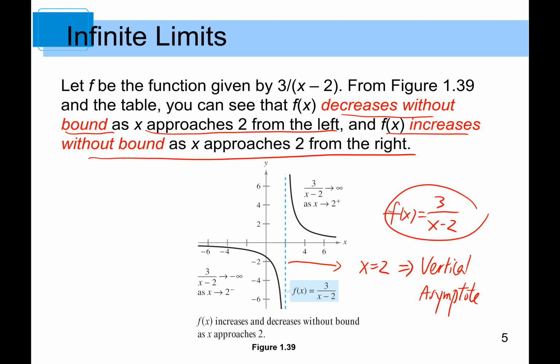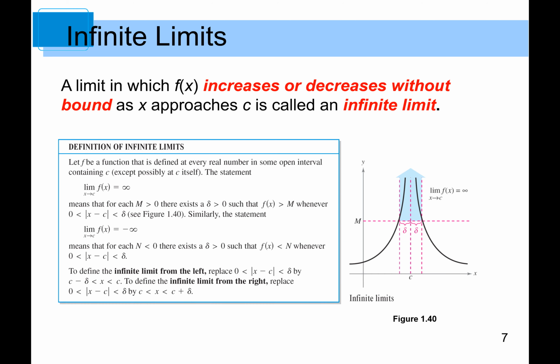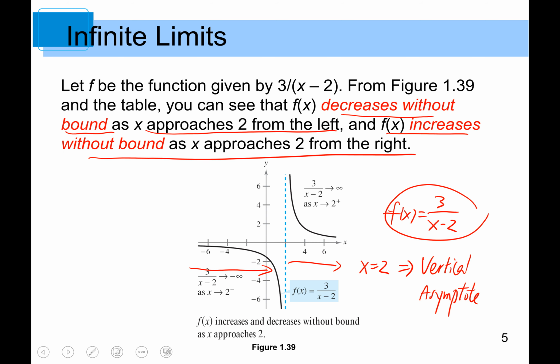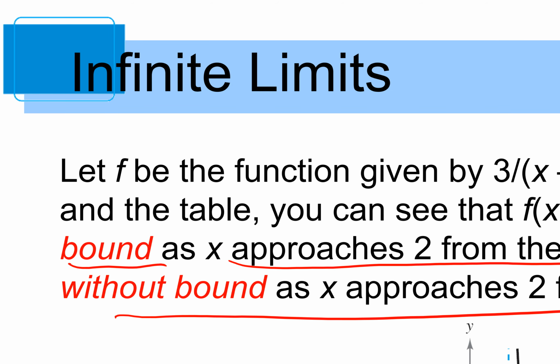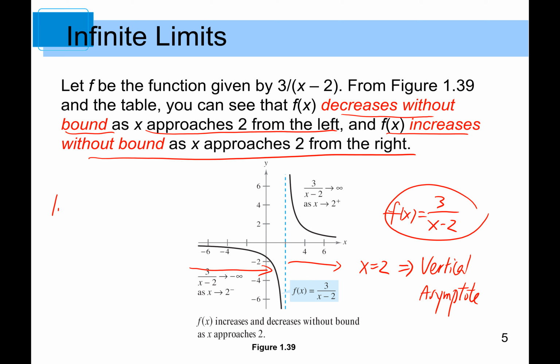As you can see, in terms of the limit, when x approaches 2 from the left, the limit becomes negative infinity. So the limit as x approaches 2 from the left of 3 over x minus 2 is negative infinity.